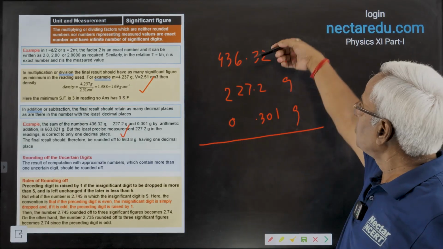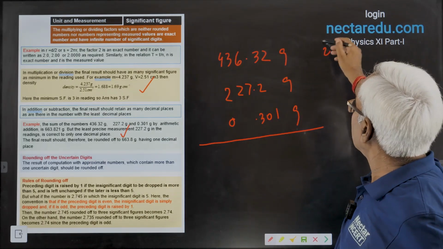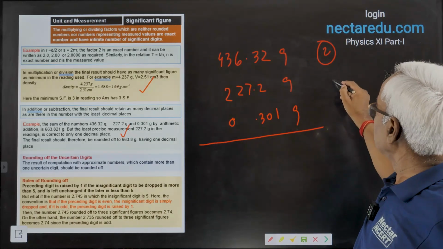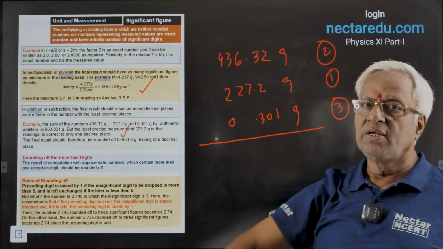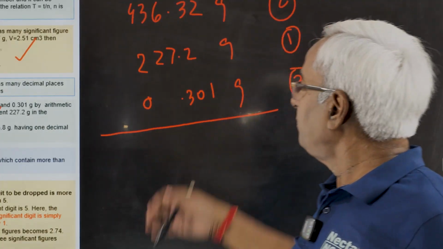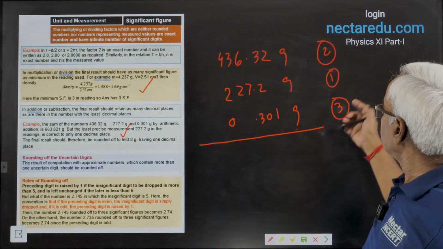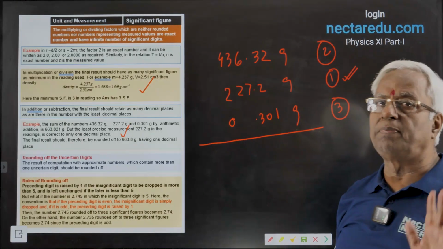Then you have to see how many decimal places are there. Decimal places are here only 2, see 0.32. Here the decimal place is 1, and here you have 3 decimal places. So how will the result be affected by these counts? In fact, the result shall be with 1 decimal place only.